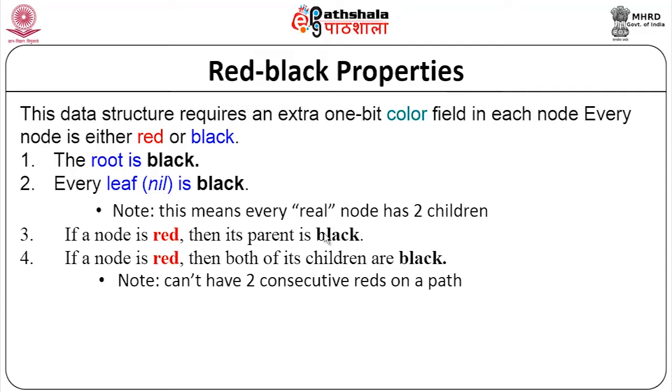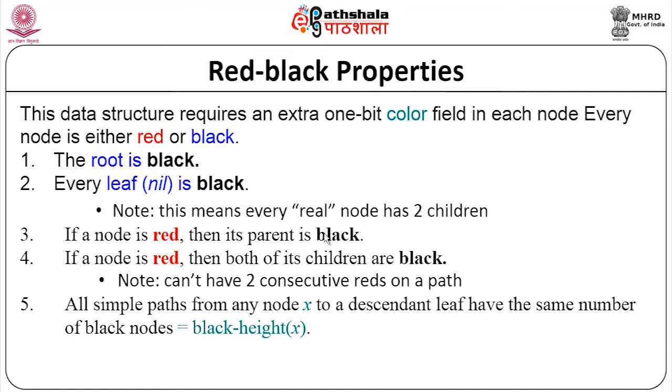Now, if a node is red, then its parent is black. You cannot have a red child having a red parent, it can only have a black parent. If a node is red, then both its children are black. That means the red node comes between 2 black nodes: its parent is black, and both its children are also black. That means we cannot have 2 consecutive reds on a path.